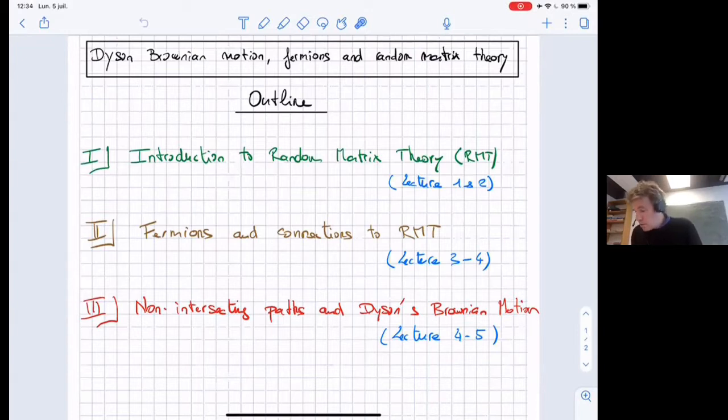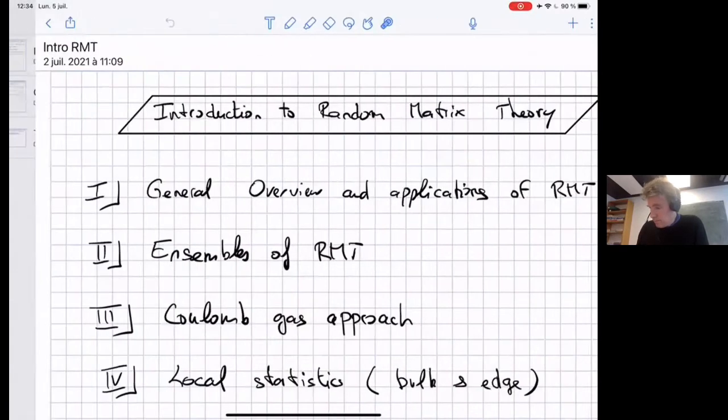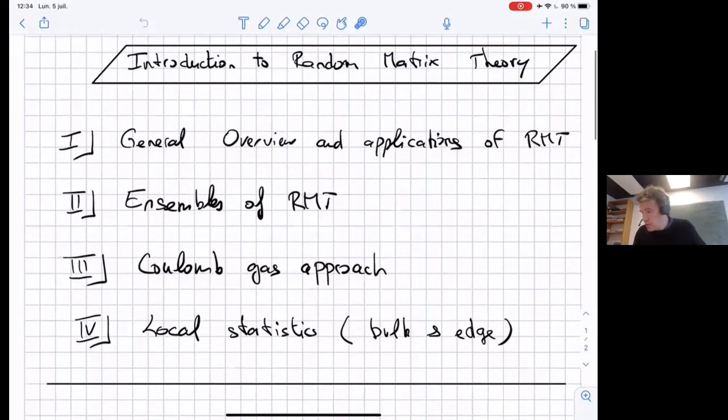Right, so let's start with these first lectures, probably two of them, as I said. That's the outline of these first two lectures on random matrix theory, which is usually called RMT. I will start with a general overview and show you some applications of RMT briefly.